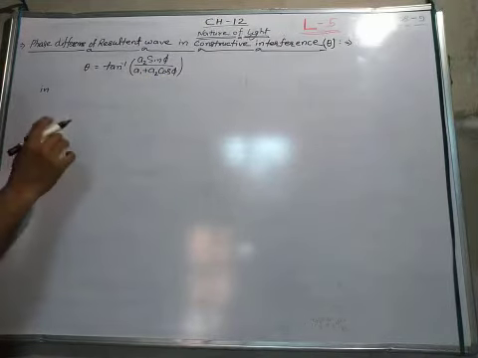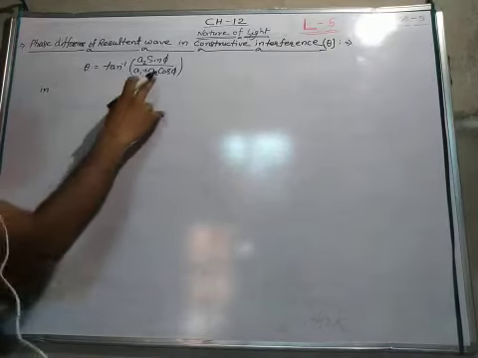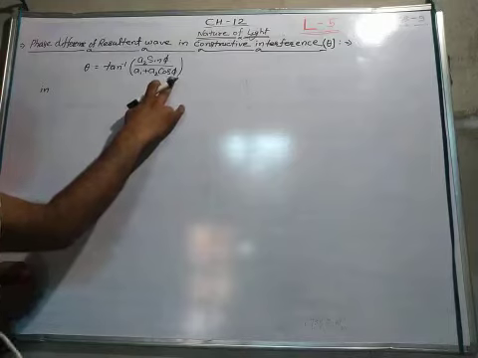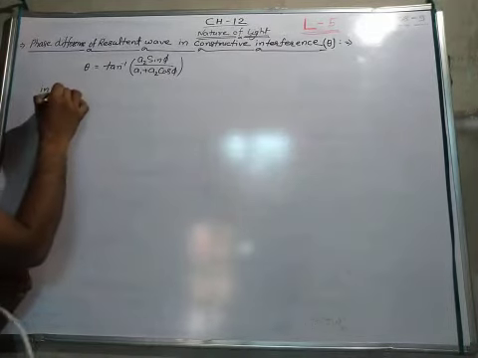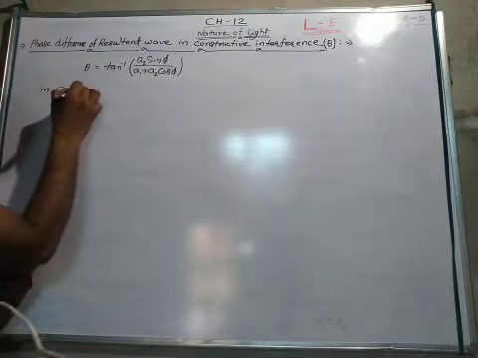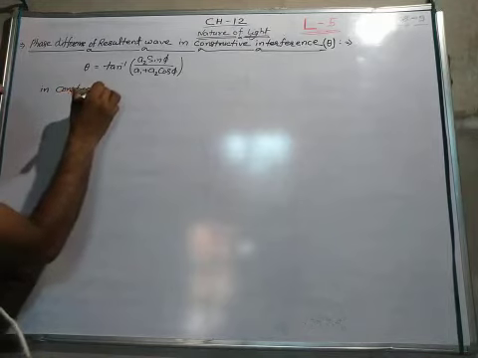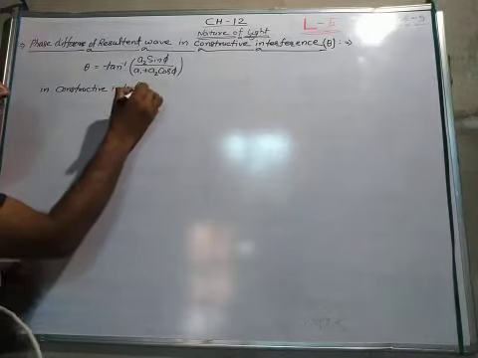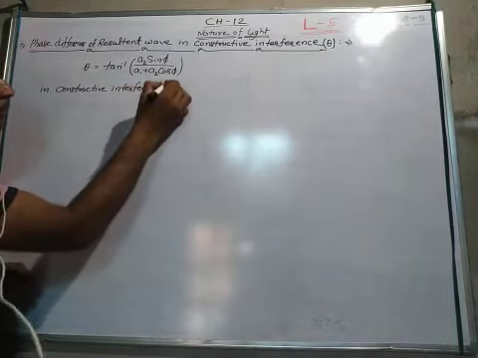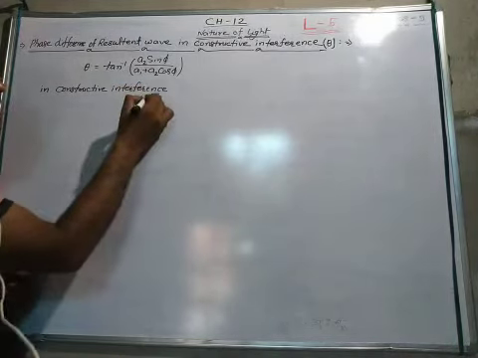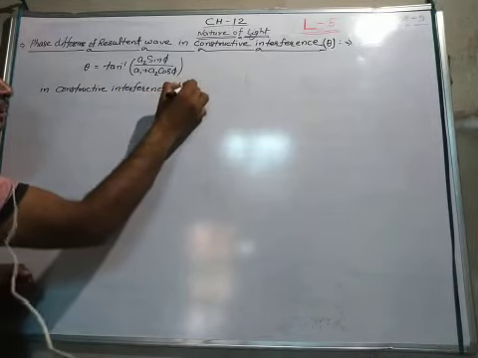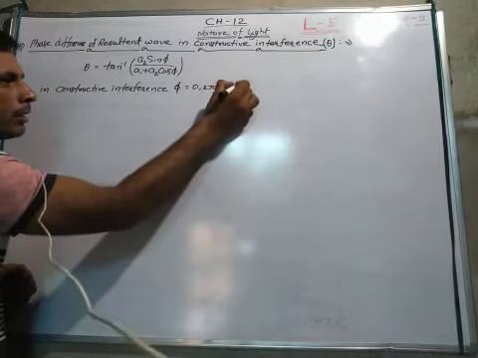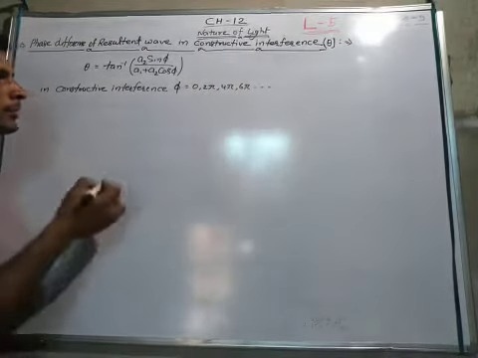In constructive interference, we use an even multiple of pi in place of phi. In constructive interference, phi is equal to 0, 2 pi, 4 pi, 6 pi, and so on.